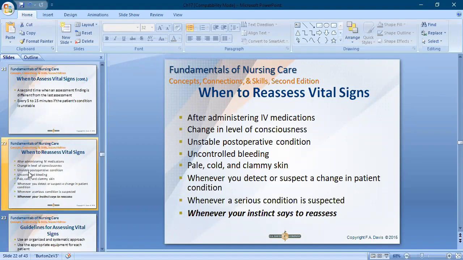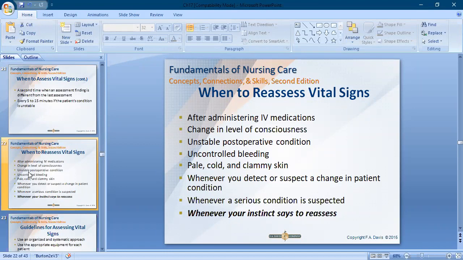Uncontrolled bleeding, because the patient has a chance to go into shock, right? To prevent shock, we have to check especially the blood pressure and vital signs. If the patient has pale, cold, or clammy skin, actually it is a sign of hypovolemic shock, right? A hypovolemic shock patient like this, pale, cold, or clammy, means they are unstable. We have to check vital signs.